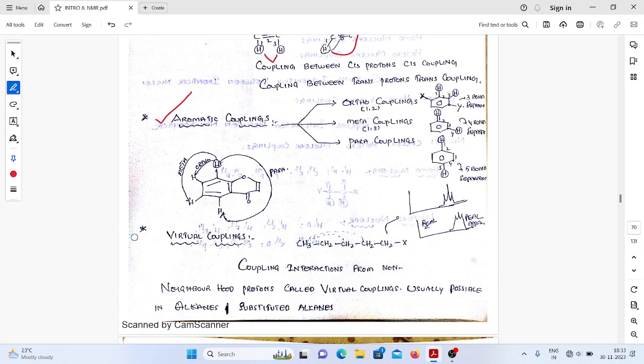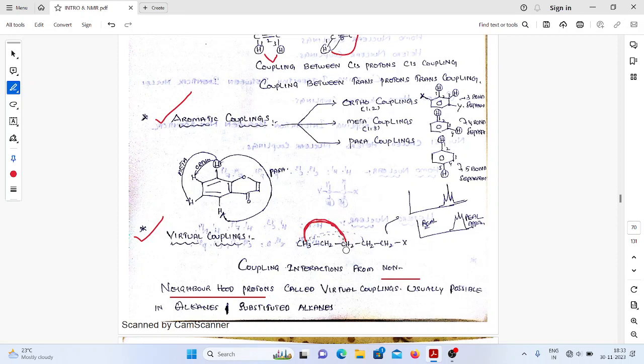Okay. Virtual couplings. Generally, we are observing the coupling between adjacent carbons, right? If the coupling takes place between non-adjacent neighboring protons, see this, this CH3 and this CH2 are non-adjacent to each other or not?